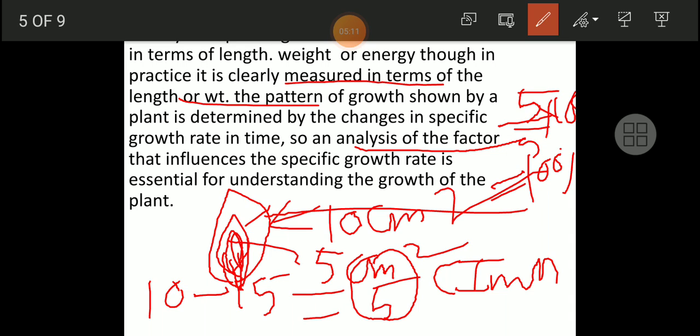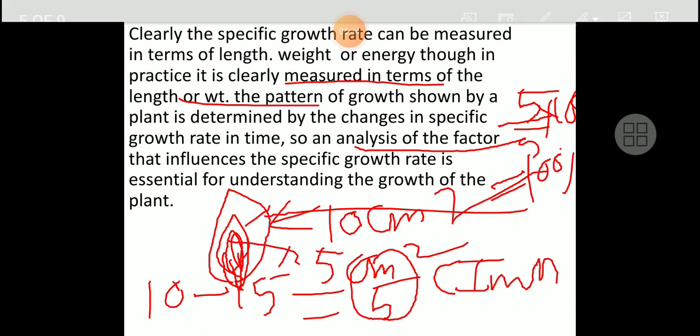Have you understood this? Initial size of the leaf was 5 centimeter square. Within some period, that increased up to 10 centimeter square. 10 minus 5, that is 5, is the absolute growth, and we have calculated the relative growth rate with the help of another formula.